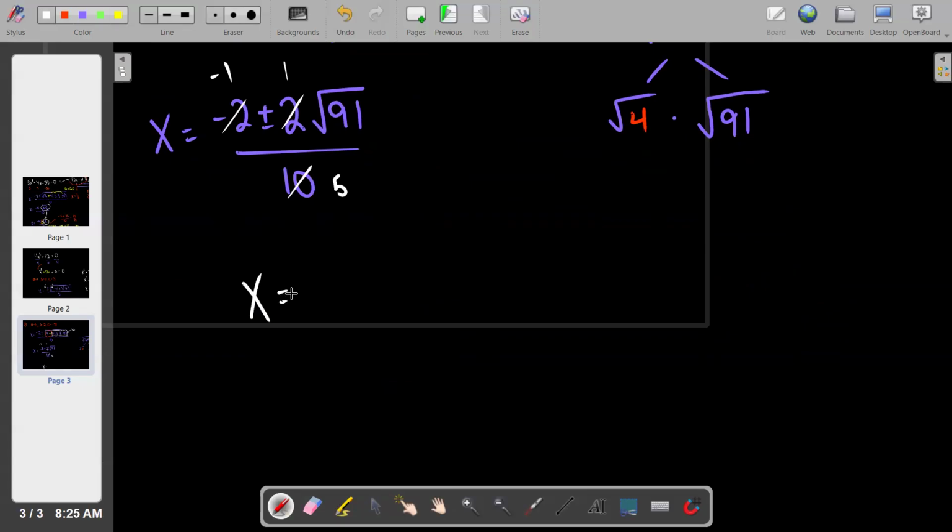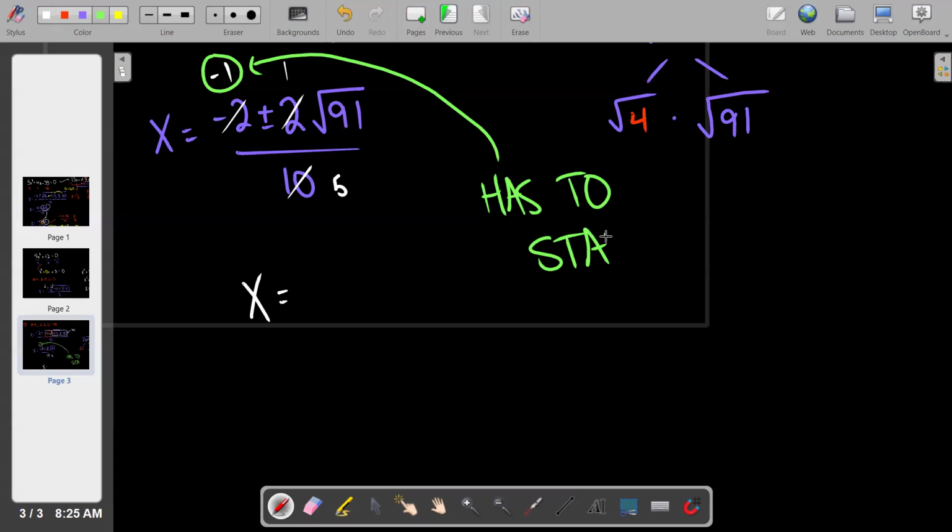Nope. The number that I'm circling in green has to stay. I understand that if you get a 1 in either of these red positions, that they can go.